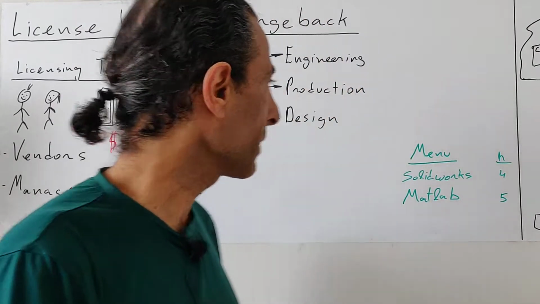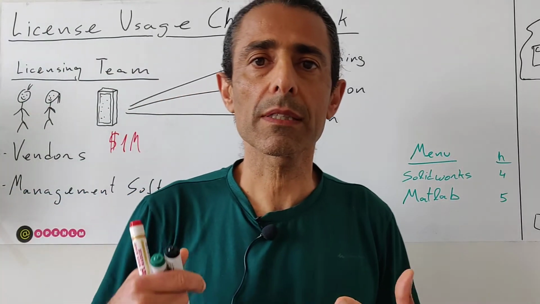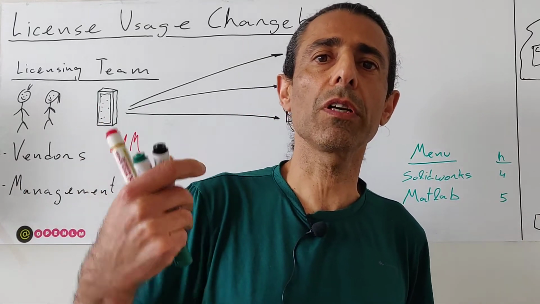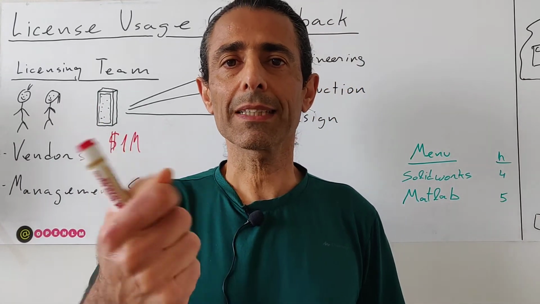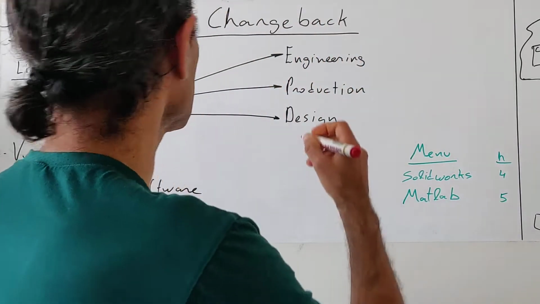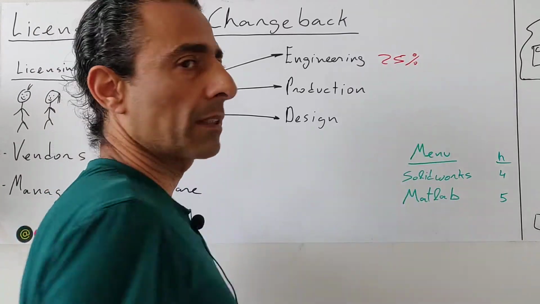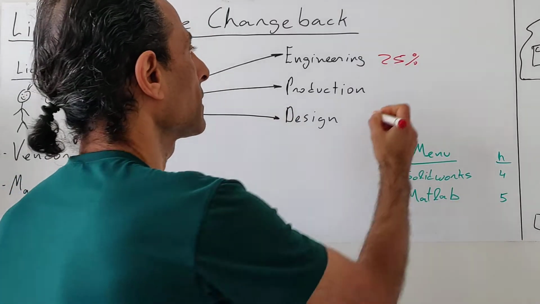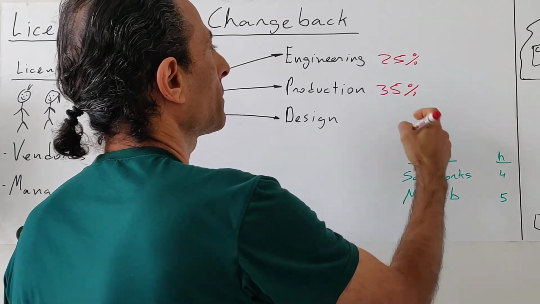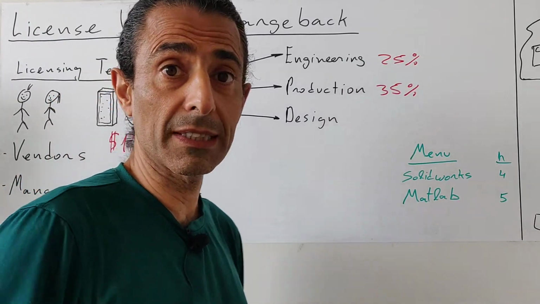We synchronize our management software with Active Directory, and then we can check the department for each of the users. After that, we can look into the data and say, for example, that we have 25% of the time for engineering, 35% of the time for production, and the rest for design.